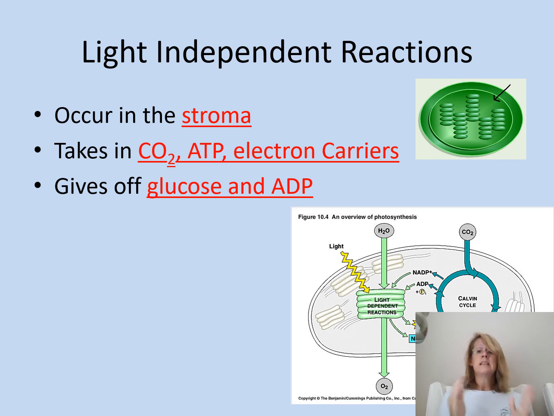So photosynthesis has two parts: the light-dependent reactions and the light-independent reactions. The light-dependent reactions take place in the thylakoid. The light-independent reactions take place in a different room, the stroma. The light-dependent reactions use water and sunlight, and make oxygen, hydrogen, and ATP.